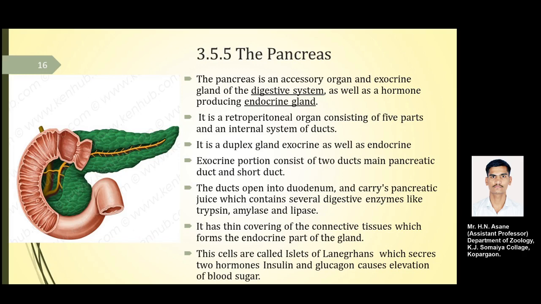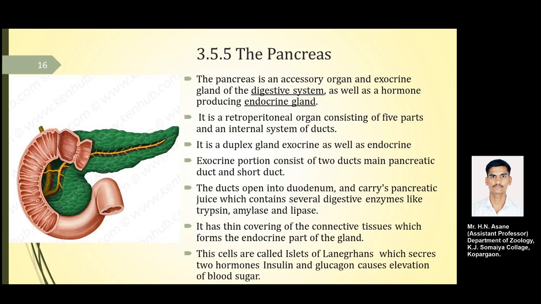There is a thin covering of connective tissue all over the pancreas, which forms the endocrine part of this gland. These cells are known by a specialized name, the islets of Langerhans, which are the endocrine part and secrete their secretions directly into the blood.